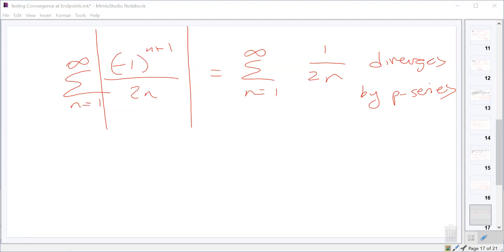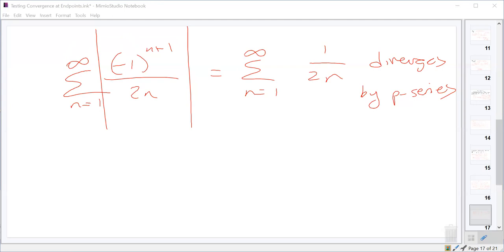Yep. Let me see, what does this say? On the AP test, instead of writing out all the tests, if I write the alternating harmonic series is conditionally convergent. So Kevin, I would be fine with that, but on the AP test, they want to see the work for both the series itself at -1 and the absolute value of the series at -1.